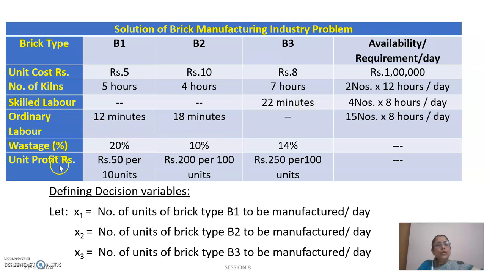So therefore, for skilled labor against B1 and B2, we have put zero requirement, and skilled labor for B3 is 22 minutes for 1 unit of brick B3. Similarly, ordinary labor under brick B3 is not required at all.